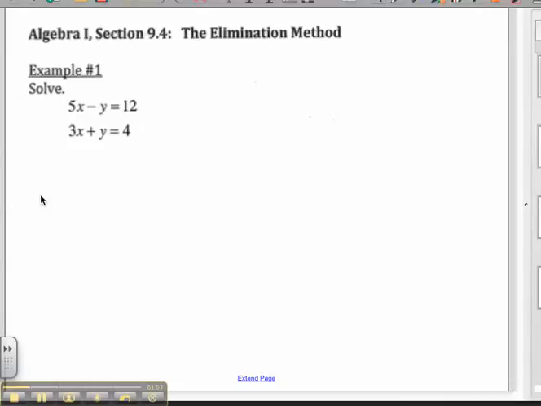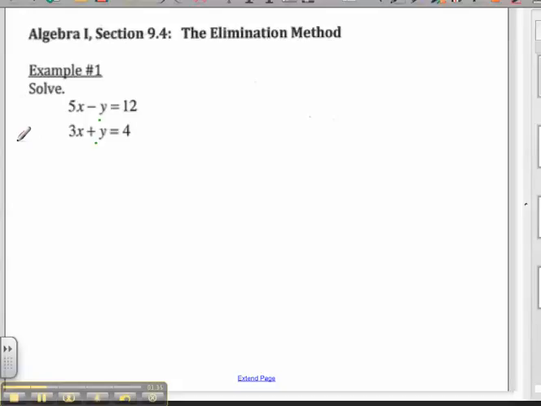So let's think about those two numbers for a second. If I were to add 1 and negative 1, what do I get, Devin? 0, and 0y would just cancel out, yeah? So when I'm looking at these equations, if I've got the same variable in two separate equations, and they have the same absolute value, not the same sign, but one's 1 and one's negative 1, then I can combine the two equations so that one just disappears.